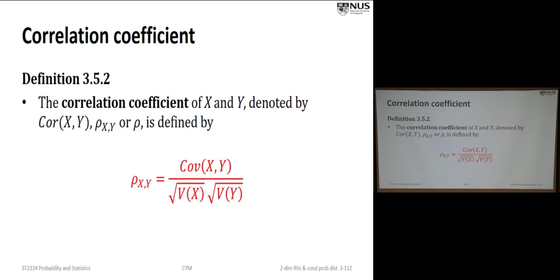So we try to adjust the magnitude. How to adjust it? Naturally, we divide by some number which tells you the magnitude of X and the magnitude of Y. Which one can tell you that?